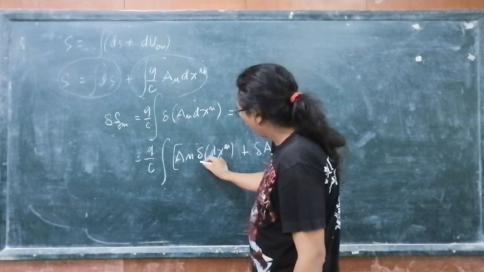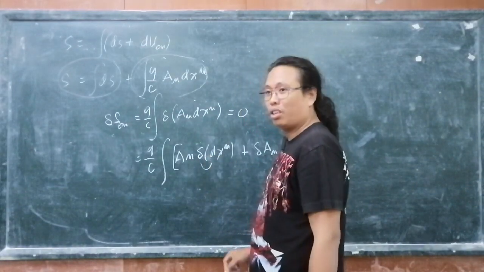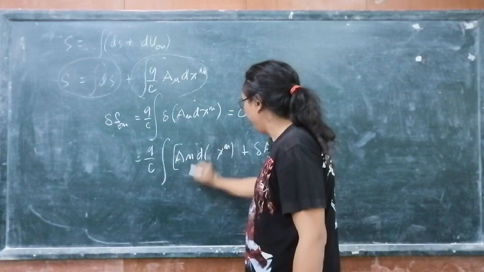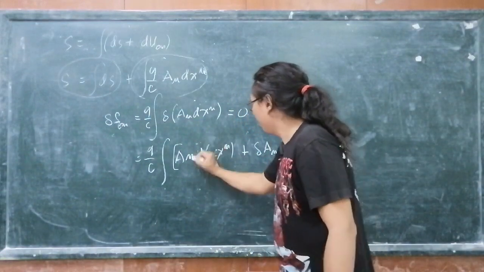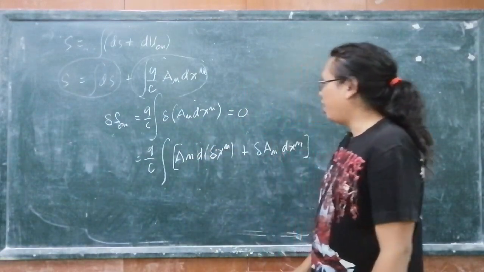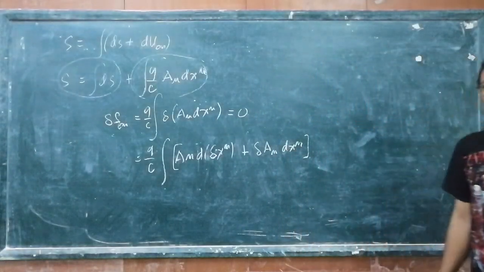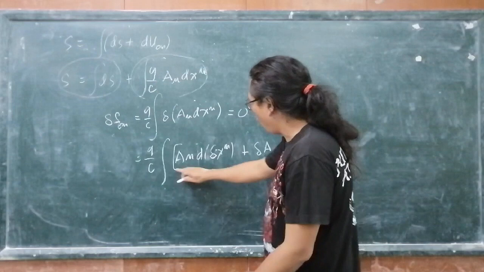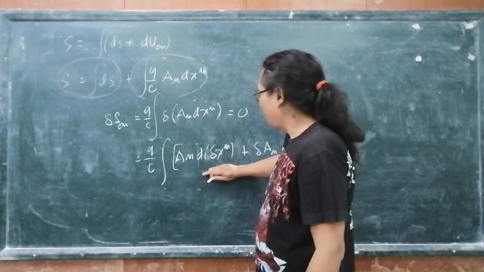In fact, we can interchange these two. So what we will do is put d here and delta there, the variation. Okay, and then let's focus on this part.